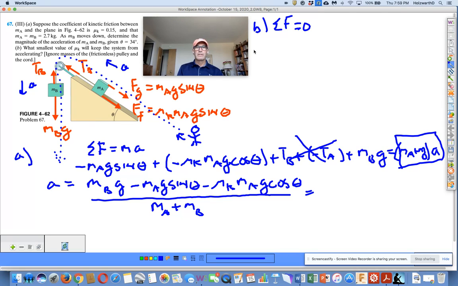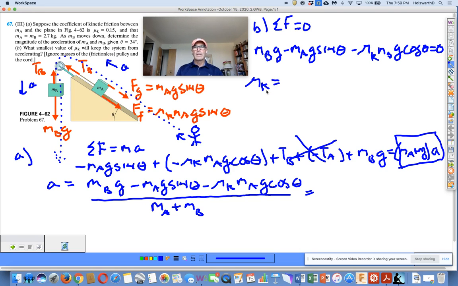So we have m sub B g minus m sub A g sine theta, okay, I'm just rewriting the numerator, minus mu sub k m sub A g cosine theta equals 0. So I'm going to solve for mu sub k. And again, I'm going to do a quick solve. I'm solving that expression algebraically for mu sub k.